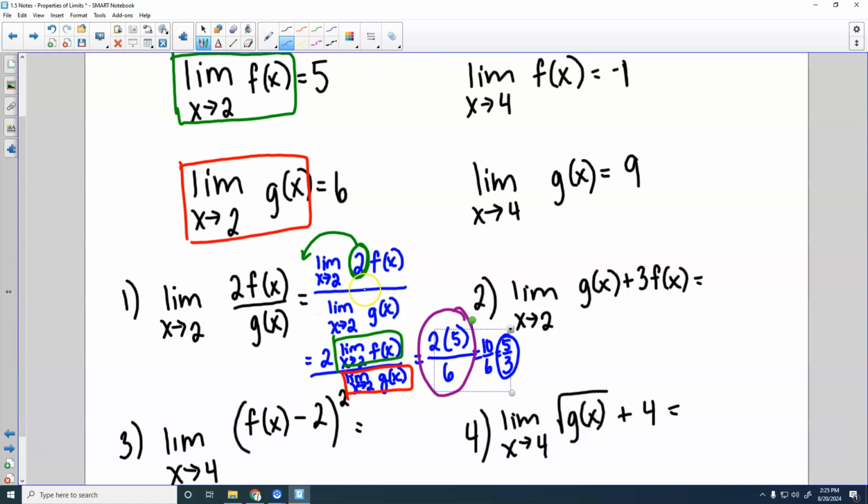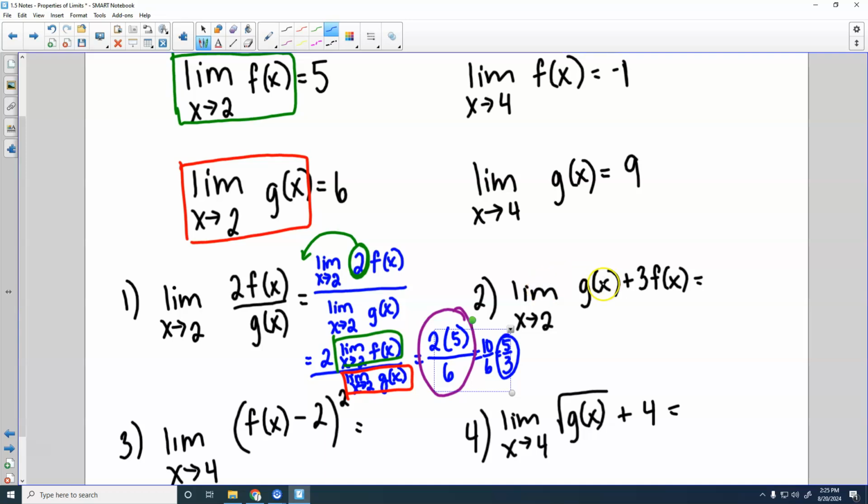So now, we don't really want to have to do this every single time, right, to write all of that stuff out, because essentially I could see I'm going to be doing the limit of 2 times whatever the limit of f of x is as x approaches 2. So that's 2 times 5 over the limit of the bottom, which is going to be my 6, right? I don't have to write this out every single time. So if I was doing number 2, I wouldn't write all of that stuff out, although if you were really walking through it mathematically, you would, but you don't have to.